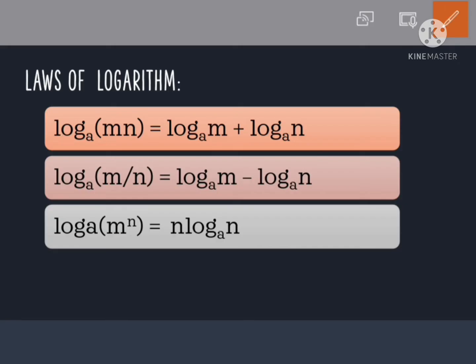Laws of logarithm are these. So let's come to the first one. For example, I can write log of 40 at base 10 is equal to log of 4 plus log of 10.